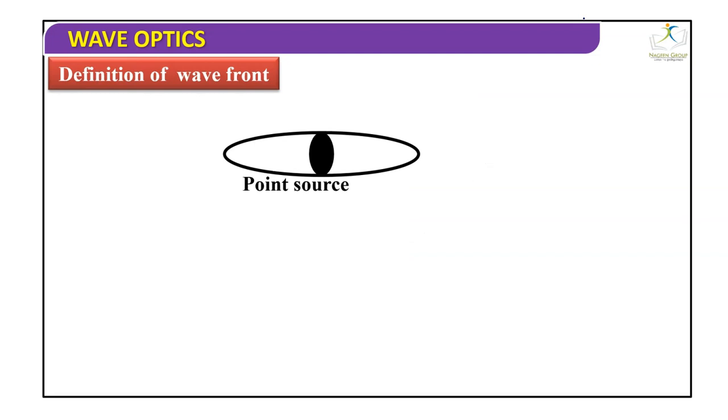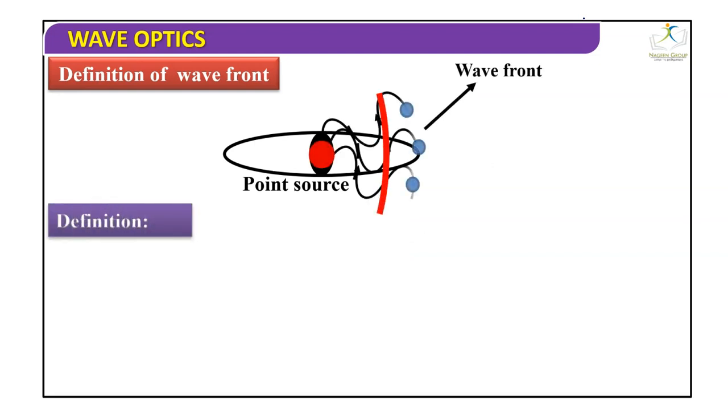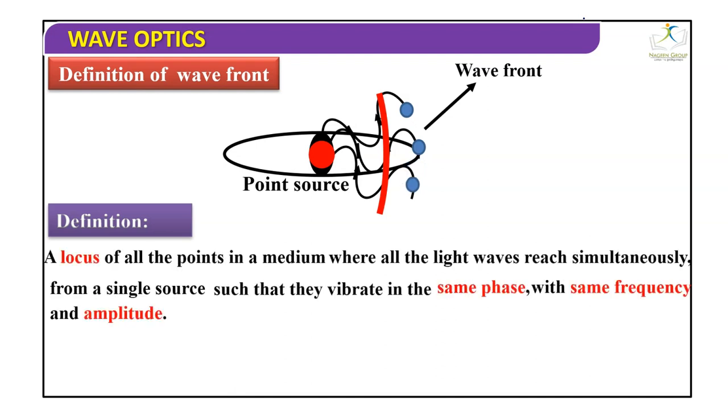So the wavefront is a particular locus of points in a medium where all the light waves reach simultaneously from the single source, such that they vibrate in the same phase with the same frequency and the same amplitude.